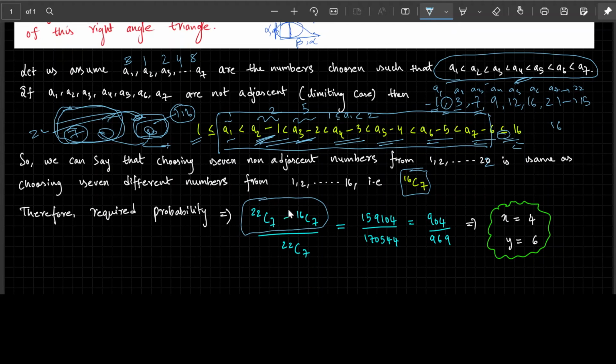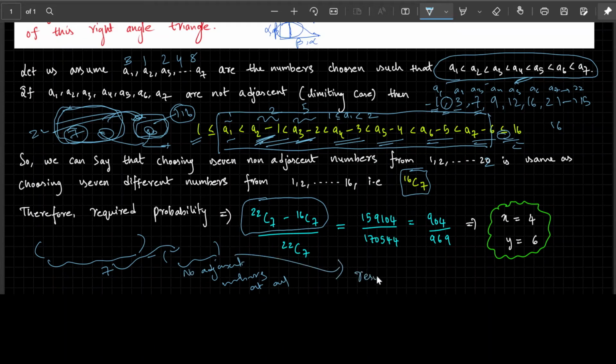Why are we actually subtracting it? Because there are 22 numbers, and from that we need to choose 7 different numbers, and if we subtract all those selections where there are no adjacent numbers, fine, then this will result in a pile where you can find at least one pair of adjacent numbers.